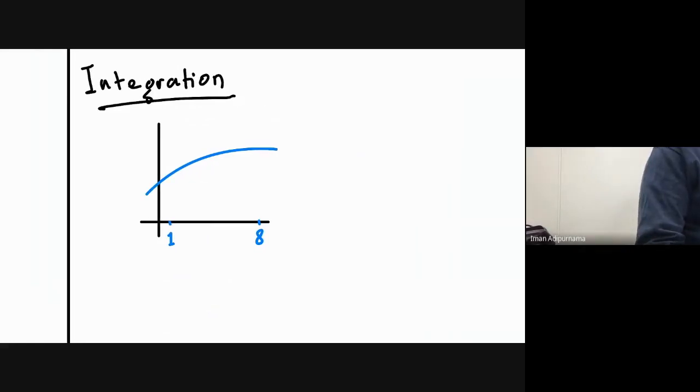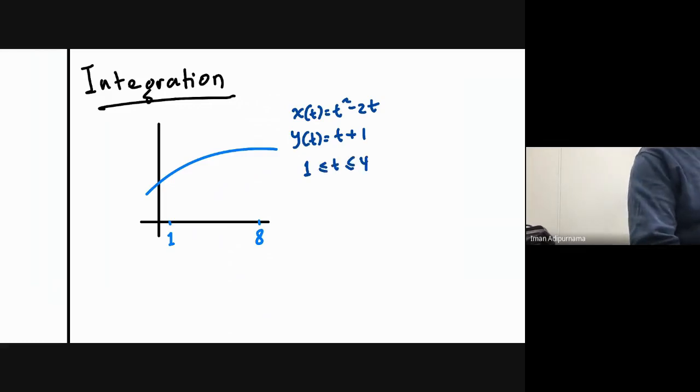The equation is x as a function of t equals t squared minus 2t, and y of t equals t plus 1, and it will be from 1 until 4.